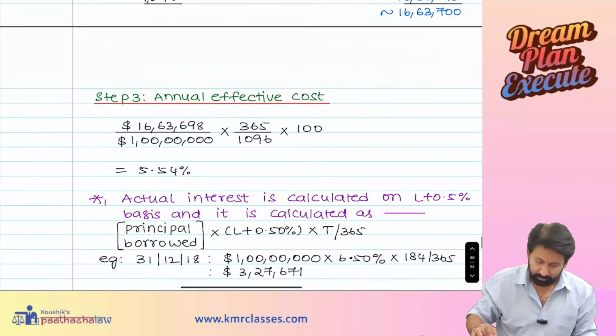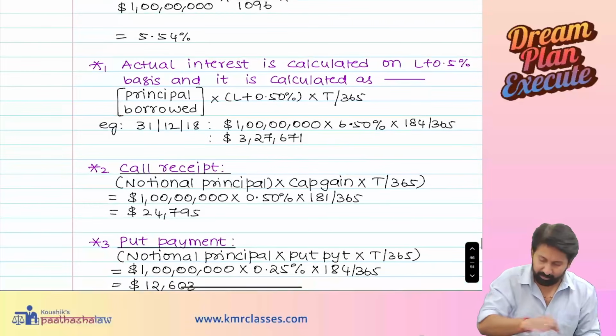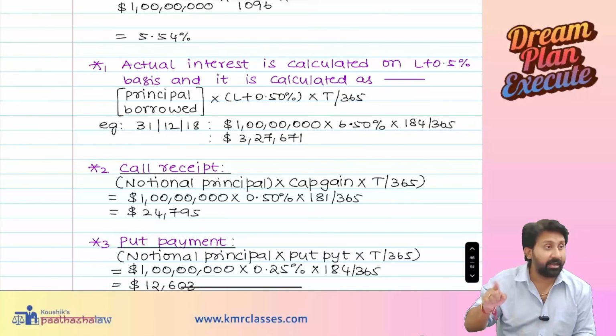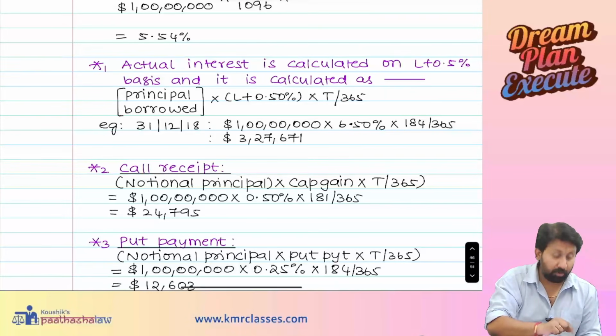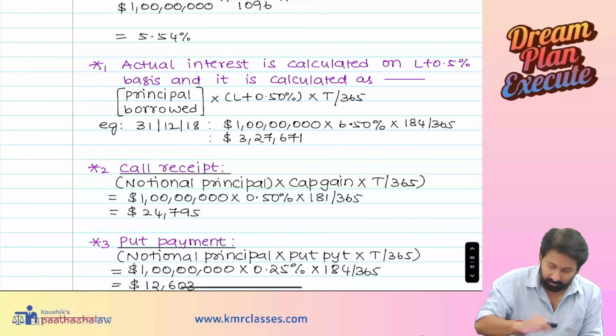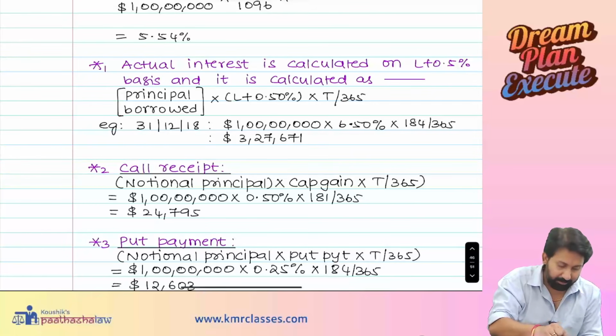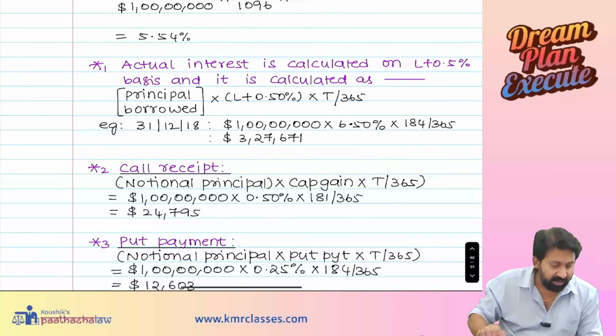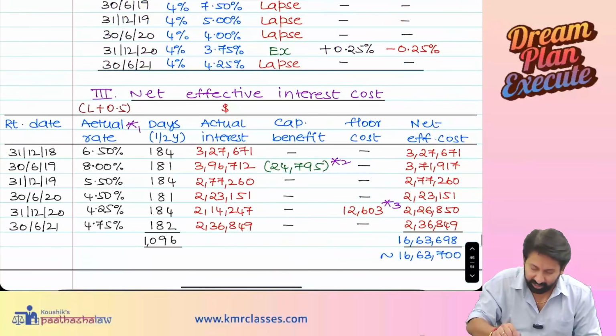See, here I have given clearly 10 million, 1 crore. So I said 100 crore, sorry, 1 crore. 1 crore into 6.5% into 184 divided by 365: 3,27,671.